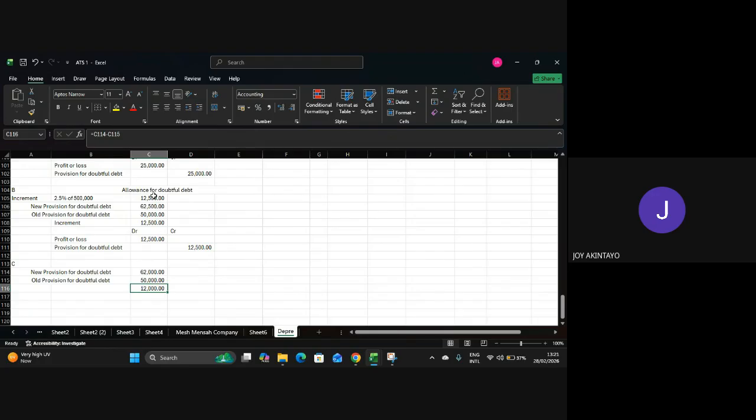Anytime you are doing your account, don't forget your currency. Do you understand? It's because I'm using Excel sheet. If I'm to use a board, I must always include my currency.